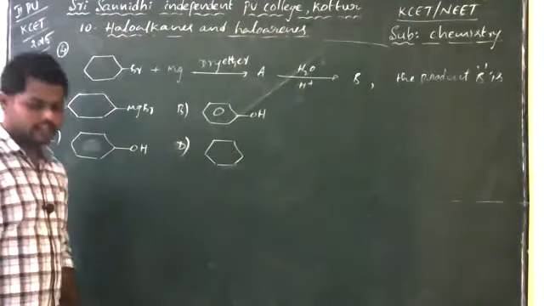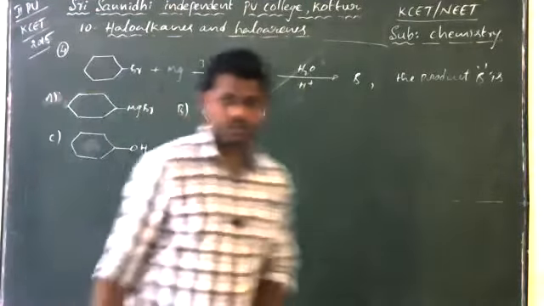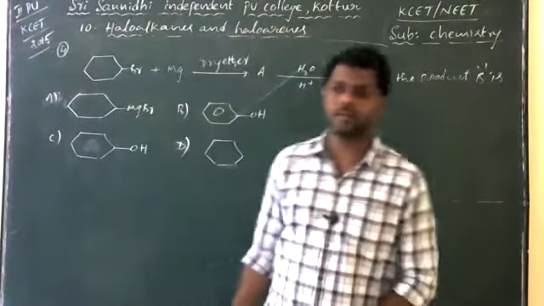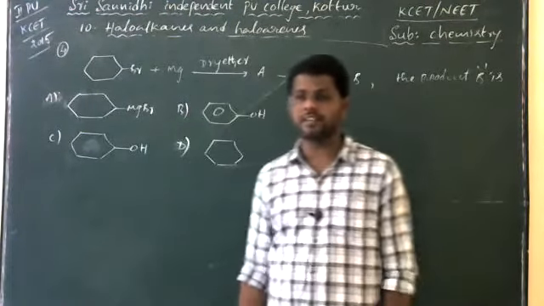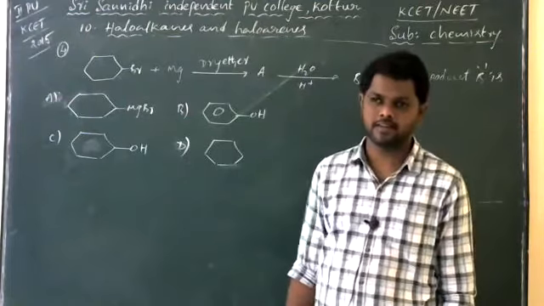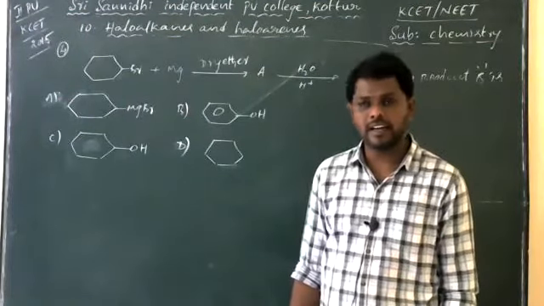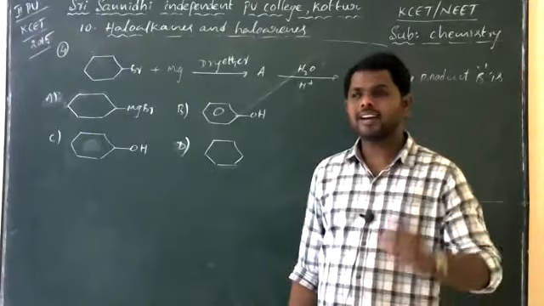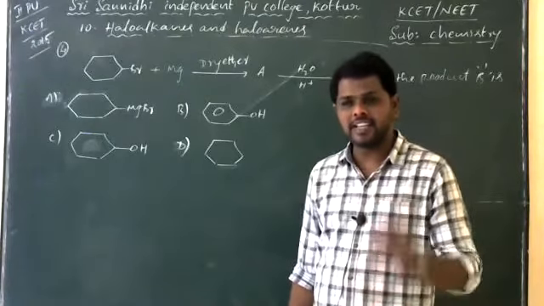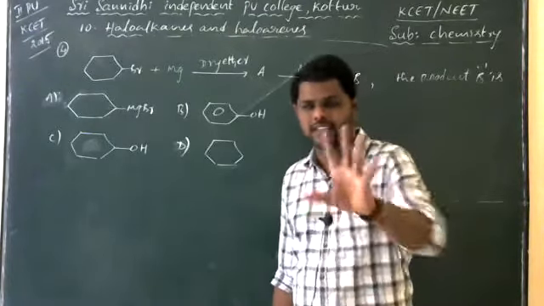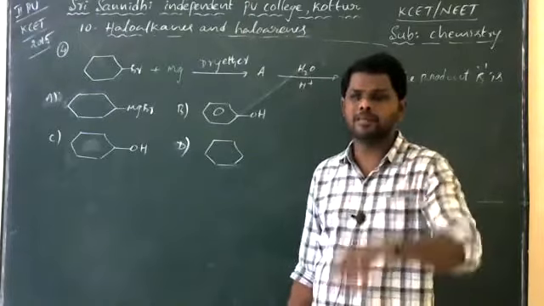Listen carefully. This is one of the concepts in haloalkanes, in the chemical properties: how haloalkanes react with magnesium metal, which forms the Grignard reagent. Alkyl halides treated with magnesium metal form the Grignard reagent, also called alkyl magnesium halide.